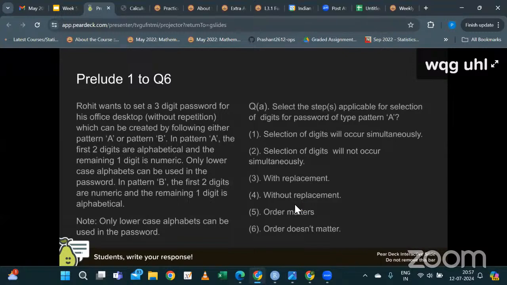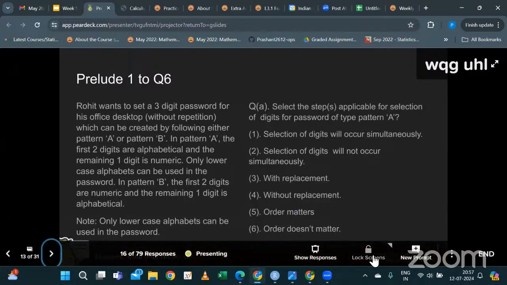For pattern B, the first 2 digits are numeric and the remaining 1 digit is alphabetical. You have to select all the steps applicable for selection of digits for the password of pattern A. You have to enter the option number.